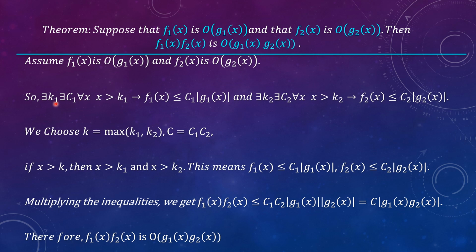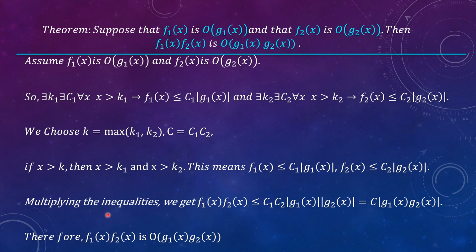This is important, the k's and c's are different. Next we choose k equal to max of k1 and k2 and c equal to c1 times c2. If x bigger than k, then x bigger than k1 and x bigger than k2. So we have this inequality.